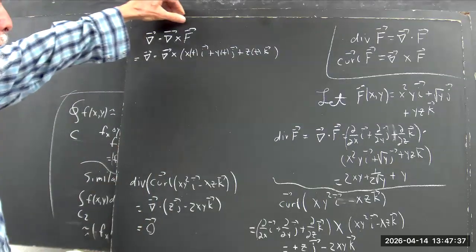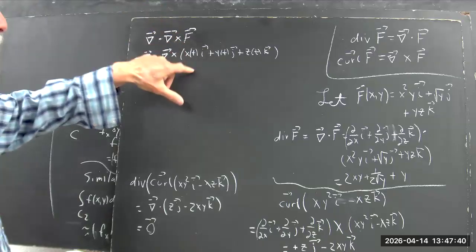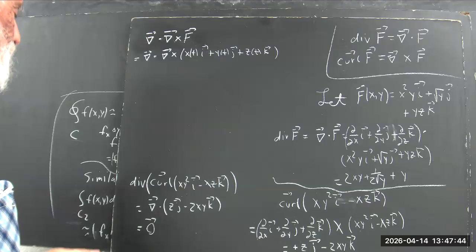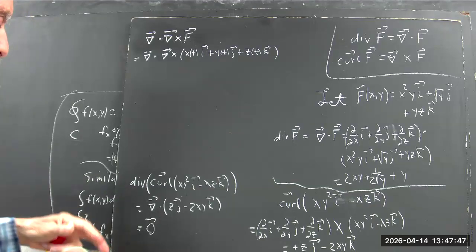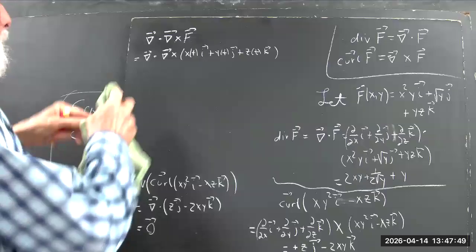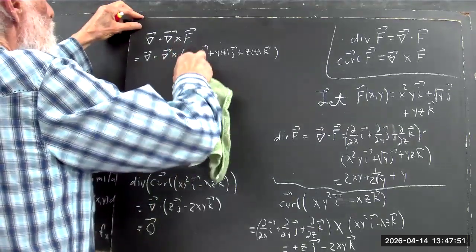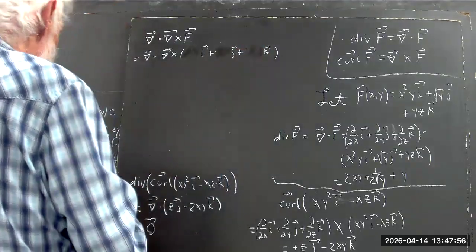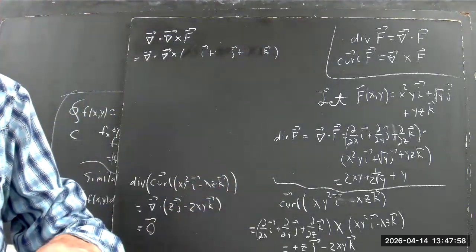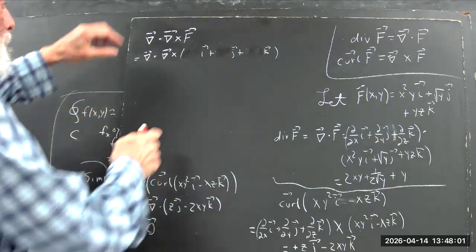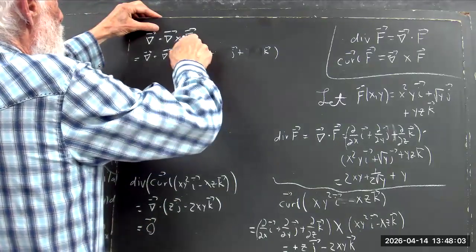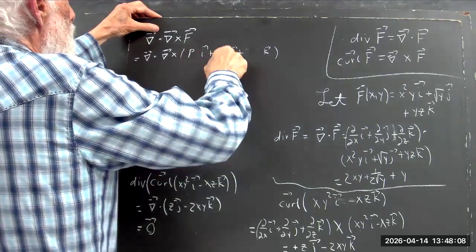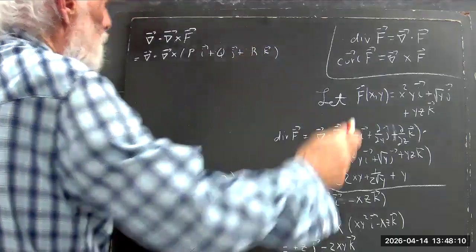So del dot del cross f. If f is x of t i plus y of t j plus z of t k or whatever, sorry, just got stupid there for a minute. Hopefully I'll recover shortly. Okay, we'll call this the function f, p i plus q j plus r k.